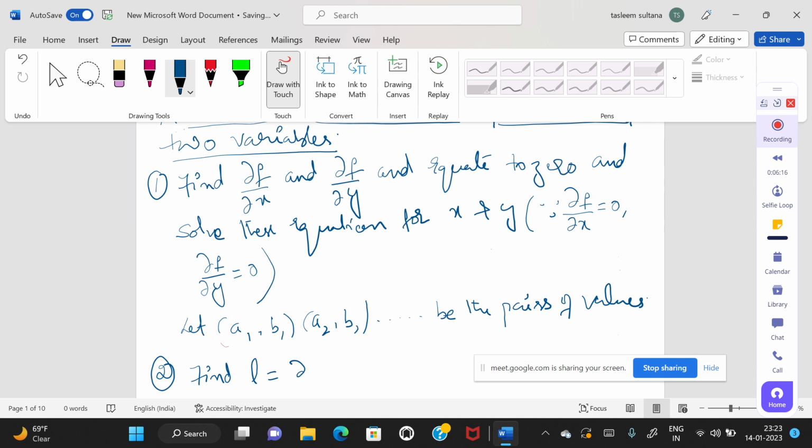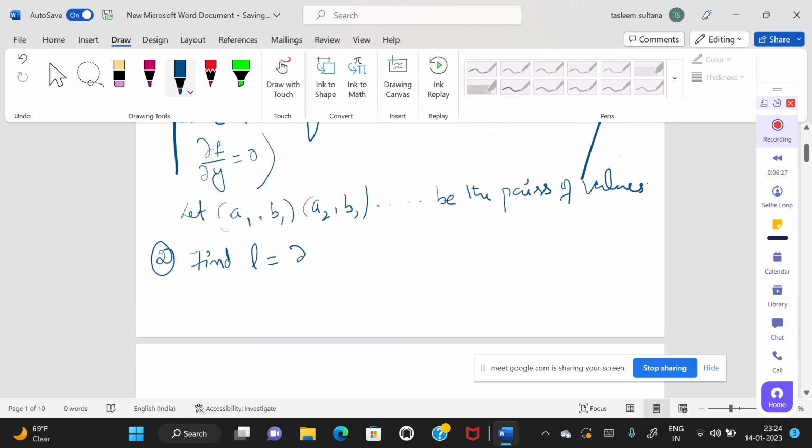Then after that, what you're going to do, you're going to find your L value, which is equal to ∂²f/∂x², M is equal to ∂²f/∂x∂y, and N is equal to ∂²f/∂y².